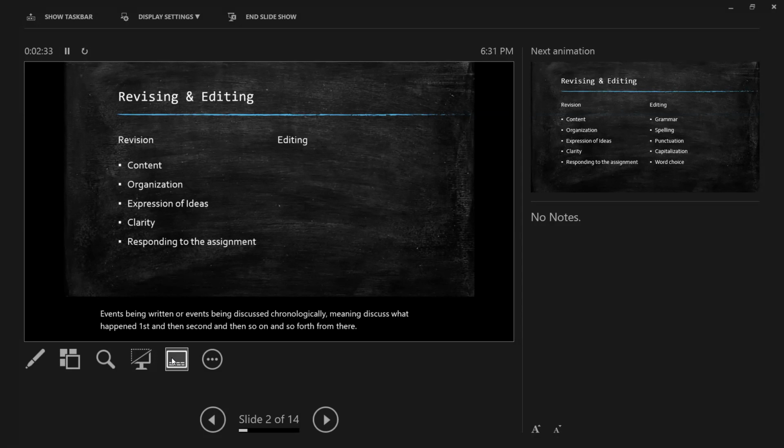And try not to jump around in your papers. This paragraph is 2019, then your next paragraph is 2017, and then your next paragraph is the current moment. So try not to jump around. Especially when we're thinking in terms of a narrative, try to tell your story chronologically. What happened first?